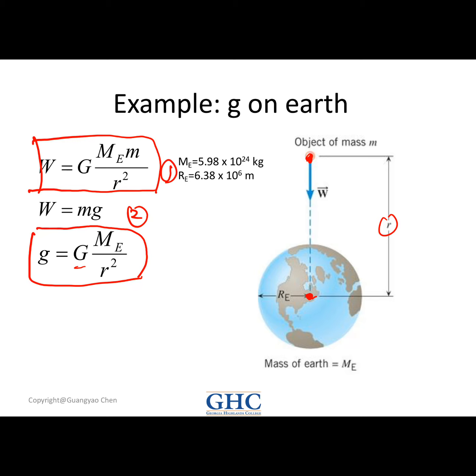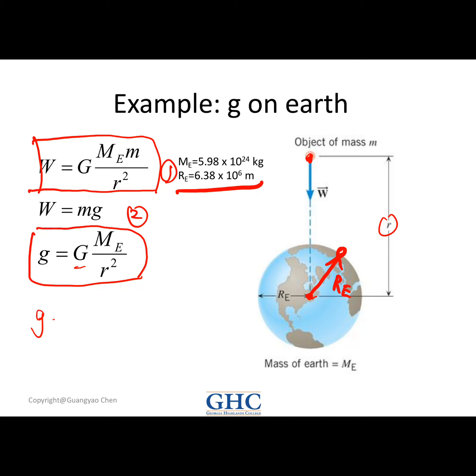If the object is on the surface of the Earth, then the distance is r, the radius of Earth, and we know the radius of Earth is 6.38 times 10 to the 6 meter, and the mass of Earth is roughly 6 times 10 to the 24 kilogram.